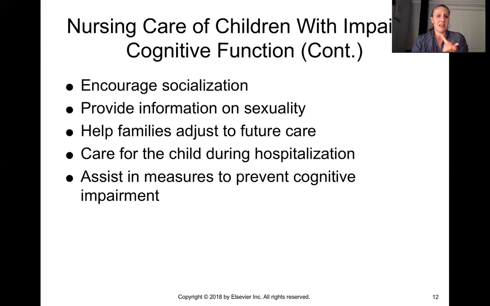So syphilis and rubella, we need to screen our patients prenatally. Biochemical, we need to educate about fetal alcohol syndrome and the effects that alcohol can have on those babies. Family, so we might get a cognitively impaired child because they were a shaken baby.